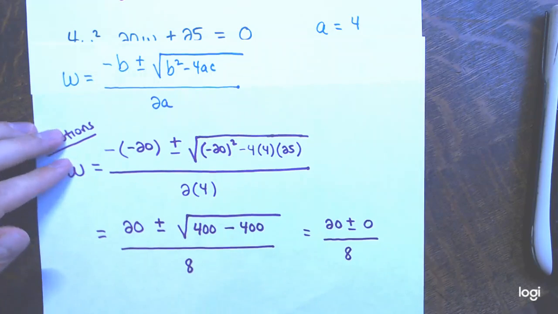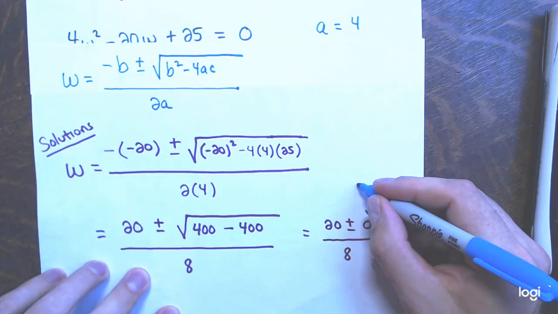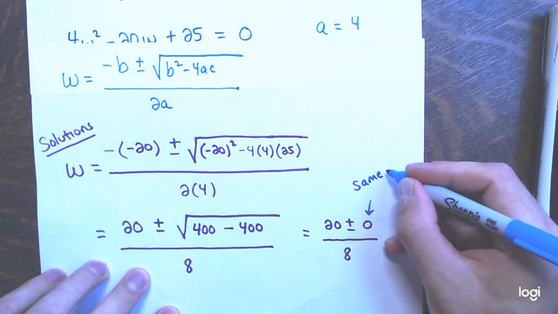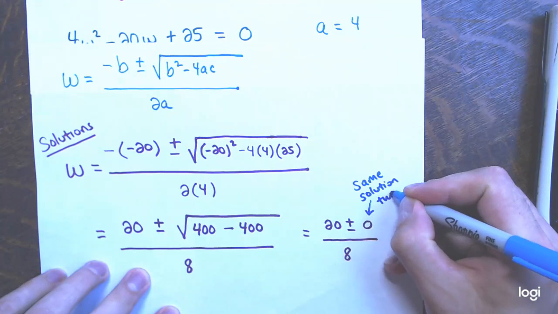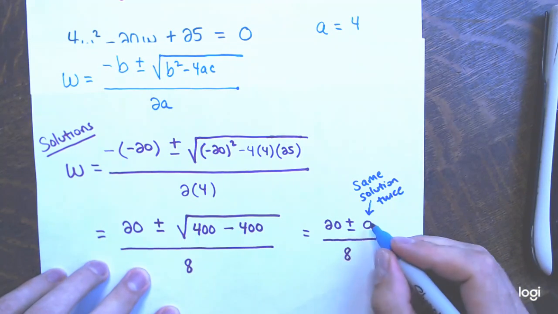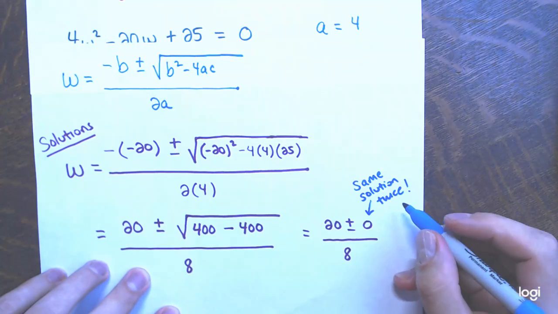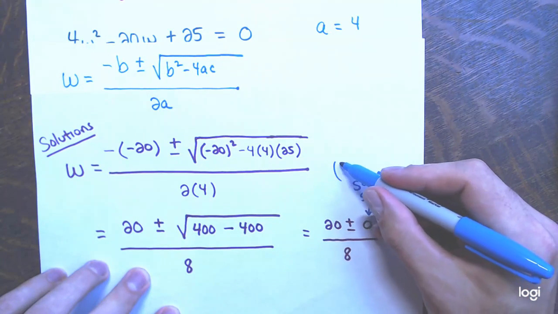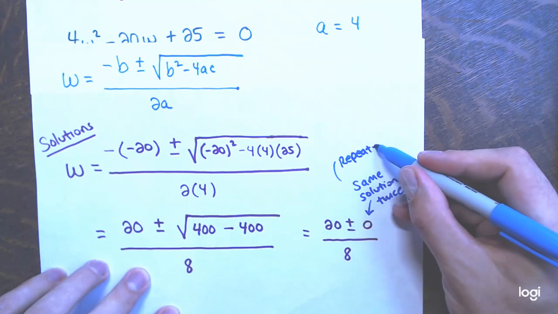So this means that I'm getting the same solution twice. 20 plus 0 and 20 minus 0 are the same number. They'll call this a repeated solution or a repeated root to this equation.